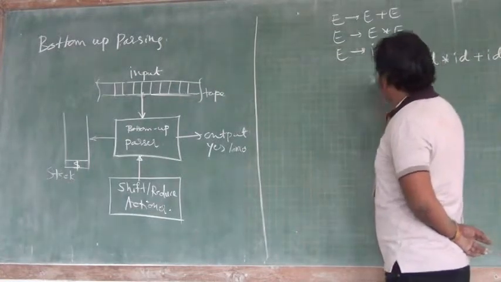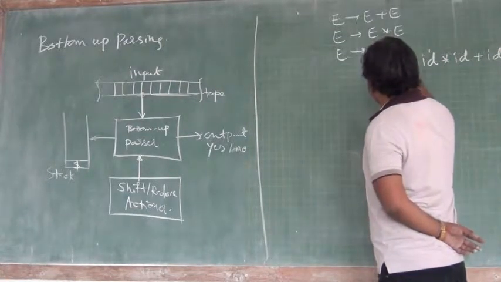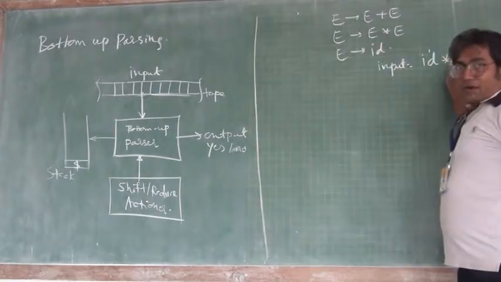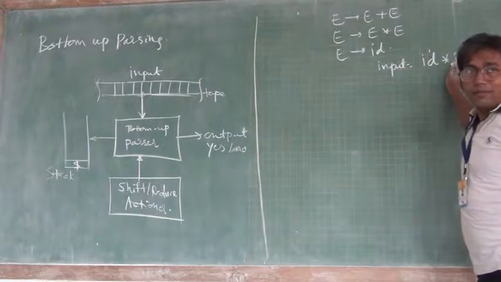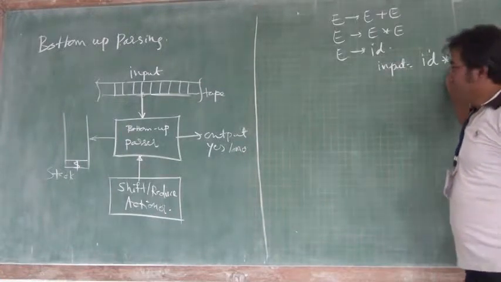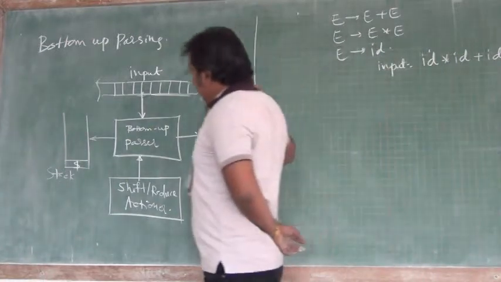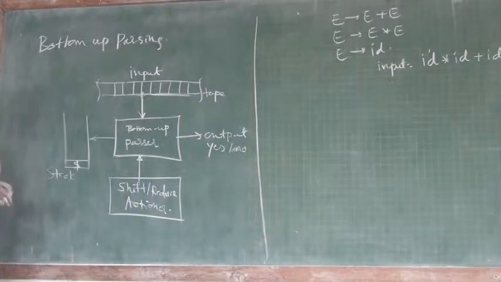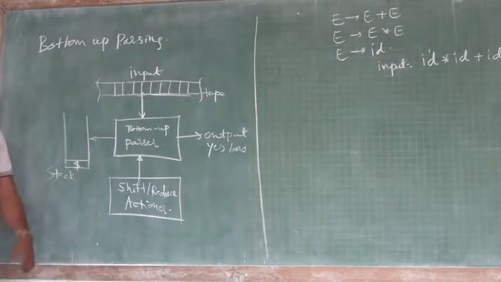This is my input. By having this grammar, I want to parse this sentence. My sentence is id star id plus id. And that I am going to do in another approach, that is the bottom-up approach.